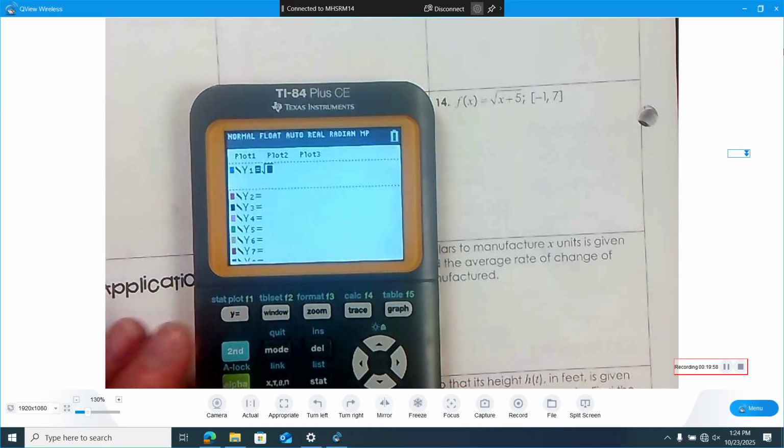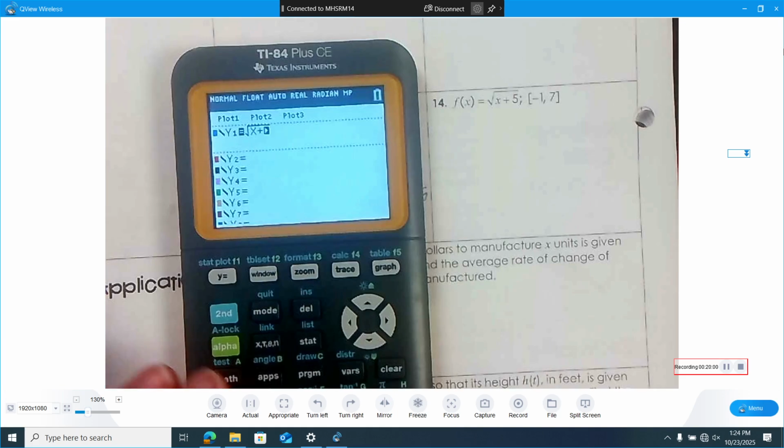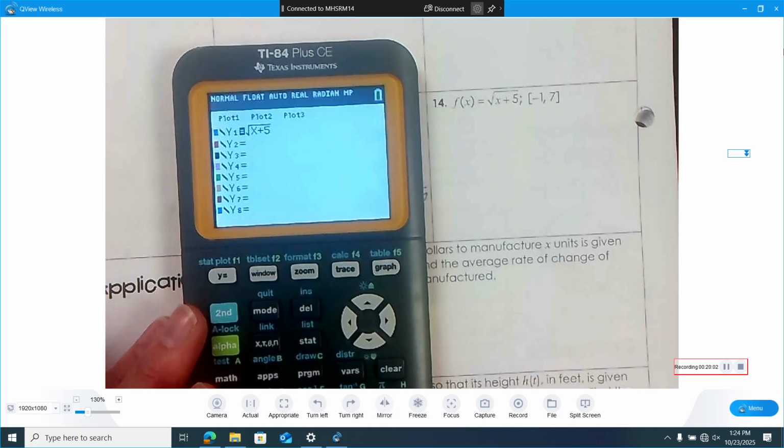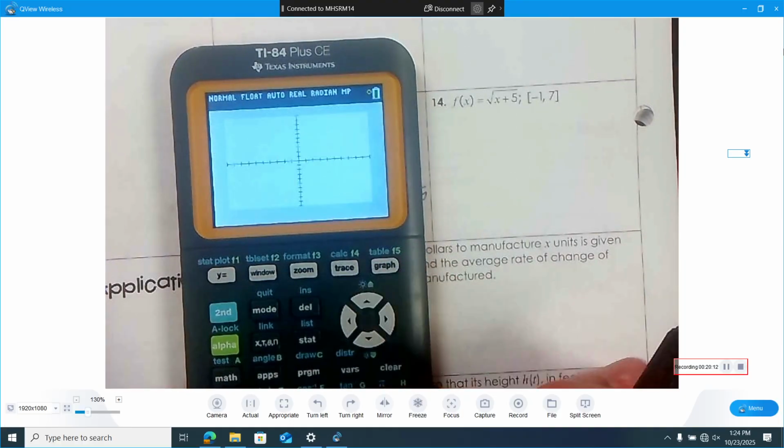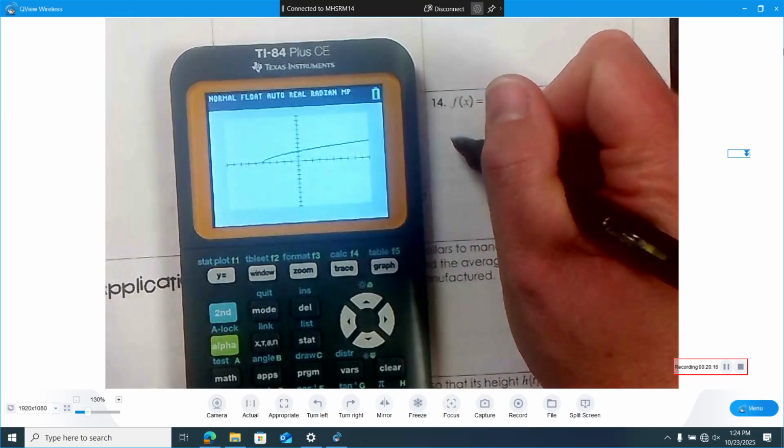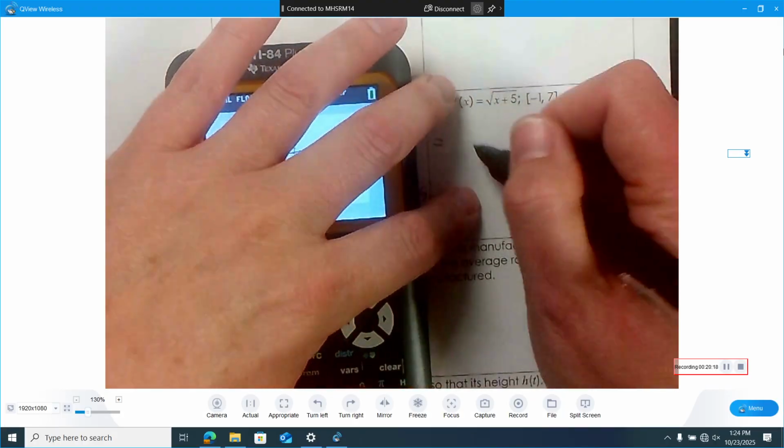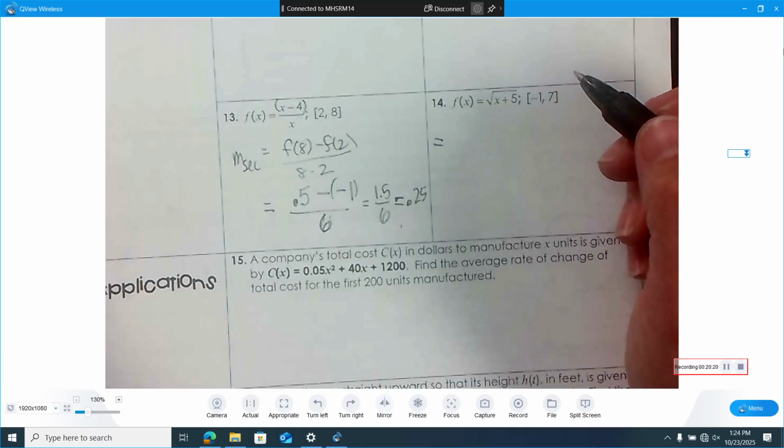All right. Square root of x plus 5. Let's see. Yeah, I think that's okay. You know what? I think this one's actually okay to do by hand. Maybe.